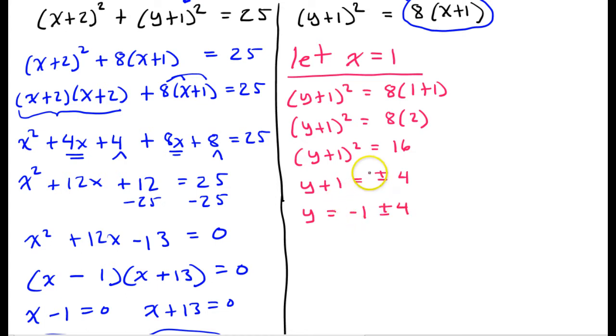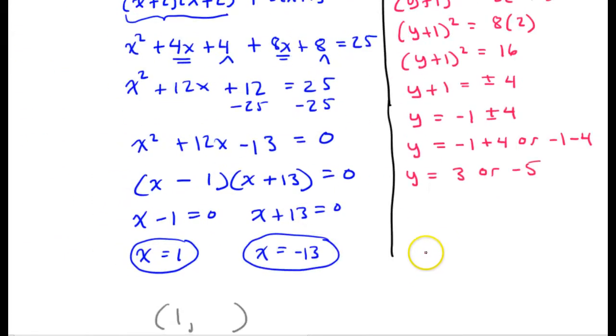All right, always put it in the front of the plus or minus like I just did. Now this plus or minus means that I have negative 1 plus 4 or negative 1 minus 4. All right, that's what the plus or minus means. So that means I have y equals 3 or negative 5.